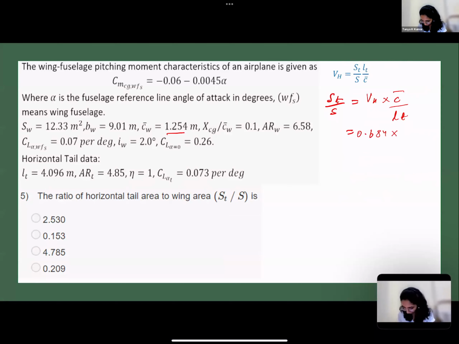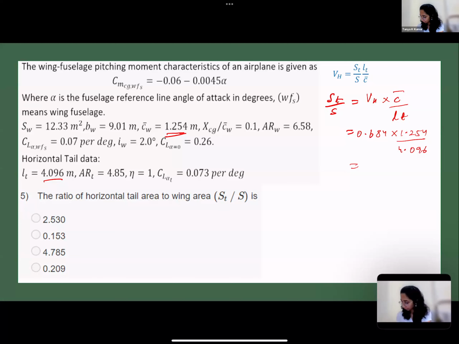C bar of the wing is 1.254. What is LT? LT is 4.096. Very simple, just do this calculation, tell me the value. Please, somebody just calculate it and let me know. So you found out VH using the Cm alpha of the tail, and then they've asked you to find out the ratio of tail area to wing area.